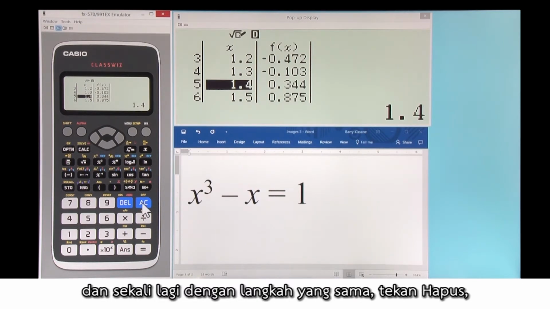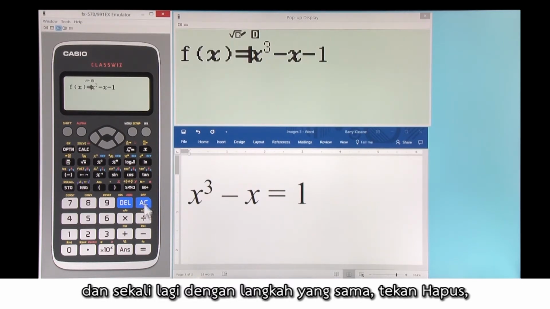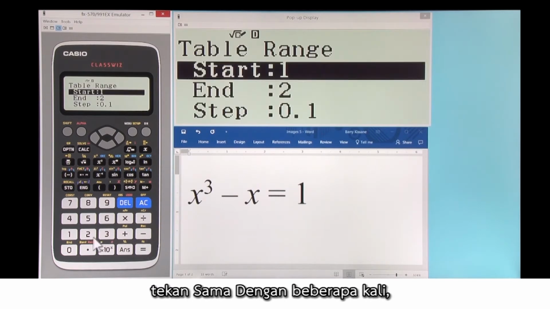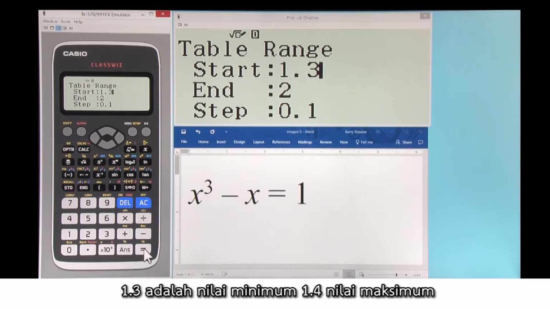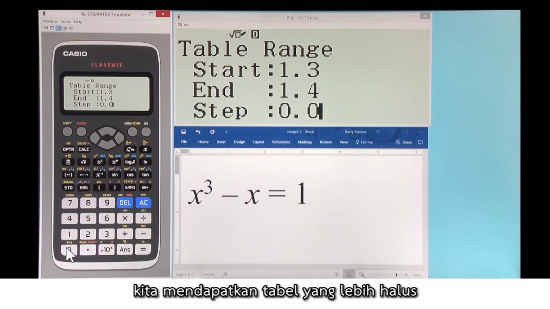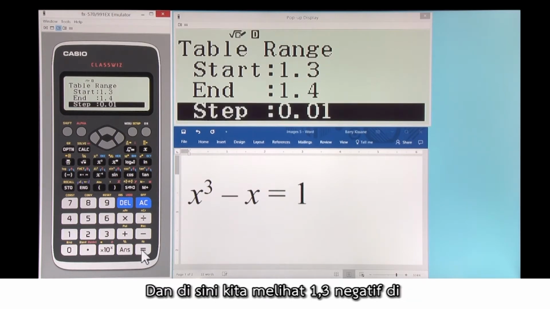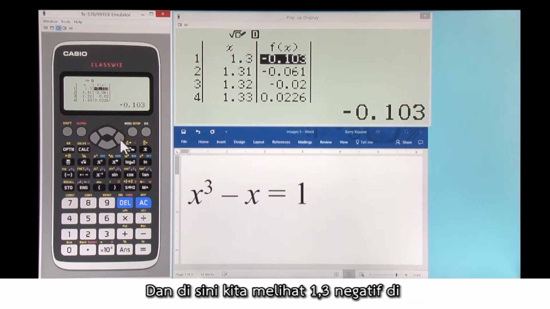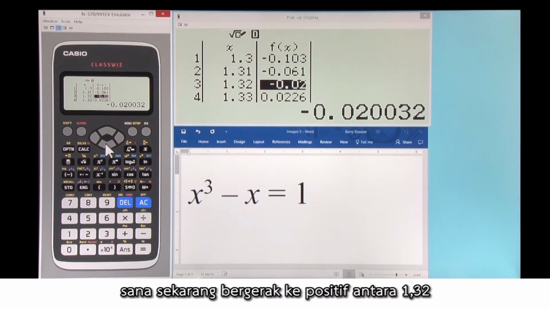And again, it's the same routine. Press clear, equals a couple of times. 1.3 is the minimum value, 1.4 the maximum value, and we choose a smaller step so we get a more refined table. And here we see 1.3 is negative. Now it's moved to positive between 1.32.